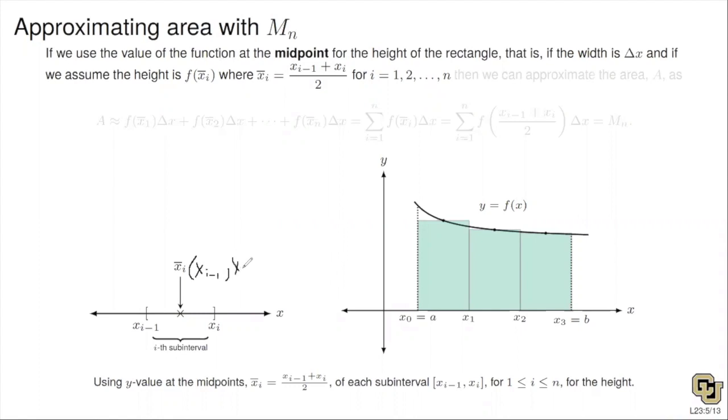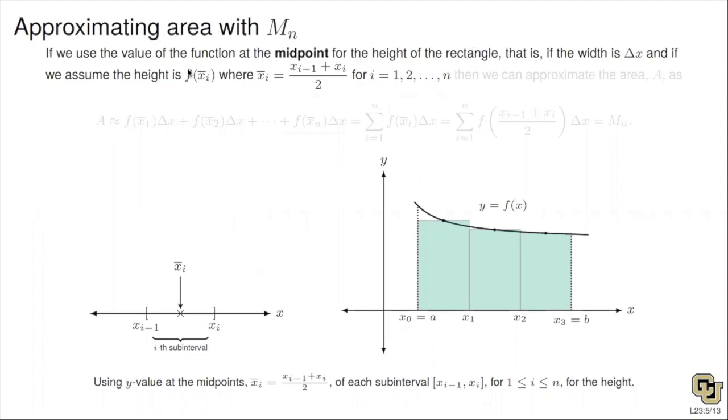I'm using function notation where I'm treating these as the inputs. So before I can find the midpoint, I need to know the left point and the right point, and once I know that, I can do the formula. Rather than writing out this formula, the book is just calling it x sub i bar, which I'm not a real big fan of, because it introduces more notation and is potentially more confusing.